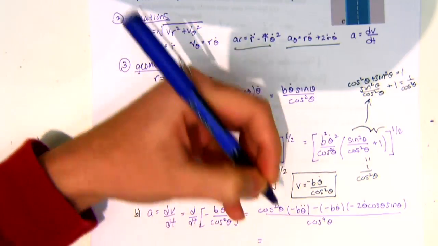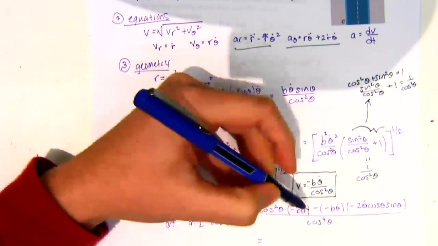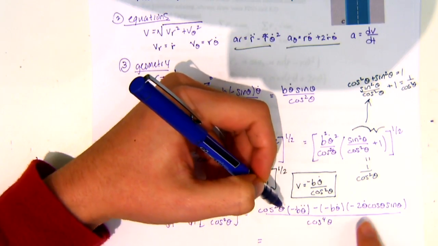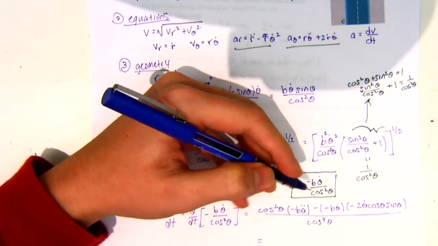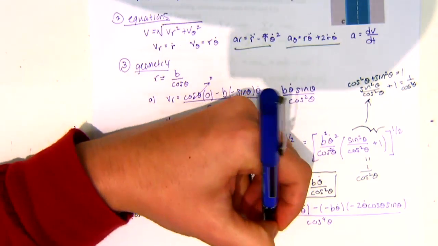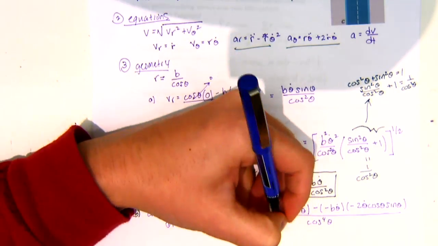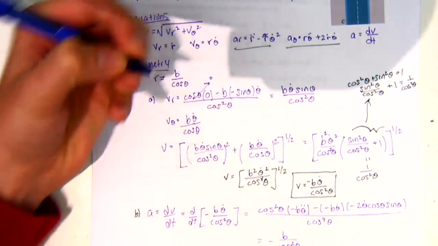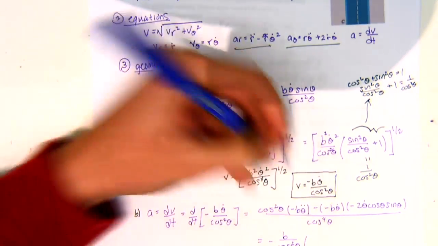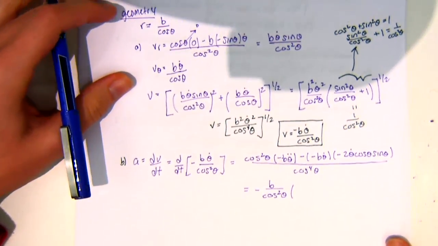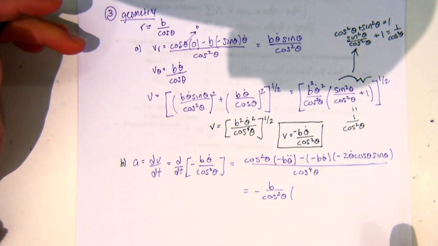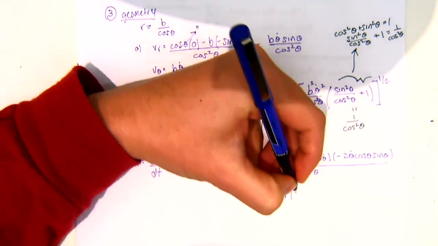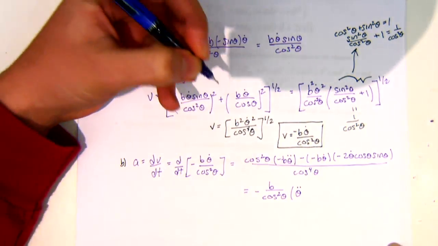So simplifying, I see here that I have a b and a cosine, and then a b and a cosine. So I'm going to do this. Negative b over cosine squared theta times, for this term, I'm left with theta double dot.